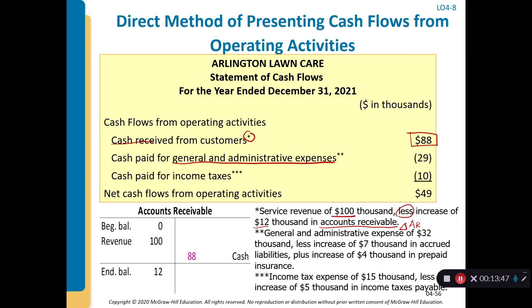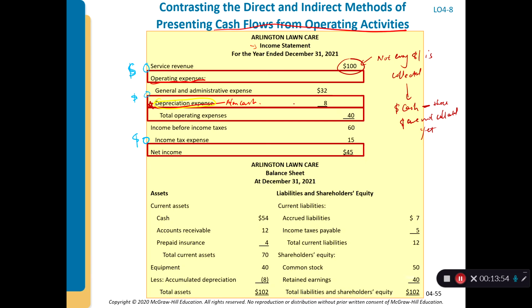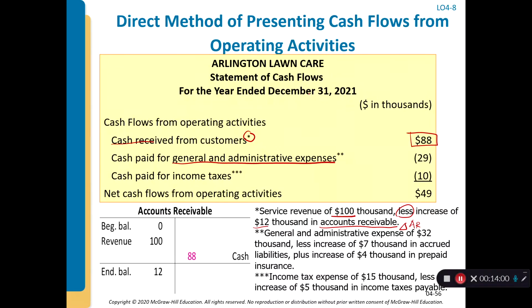Okay. Now look at the general and administrative expenses. It was 32 here. But in terms of cash related activity, we have to reduce the $7,000 accrued liability plus the $4,000 increase in prepaid insurance. In other words, this number should be 32 minus 7 plus 4, which equals 29.